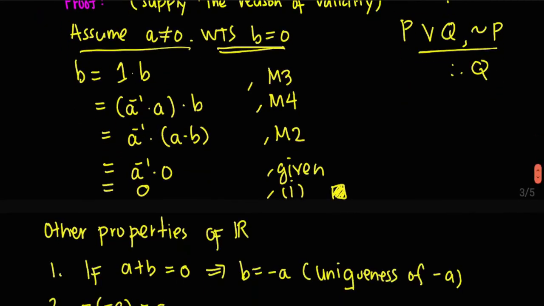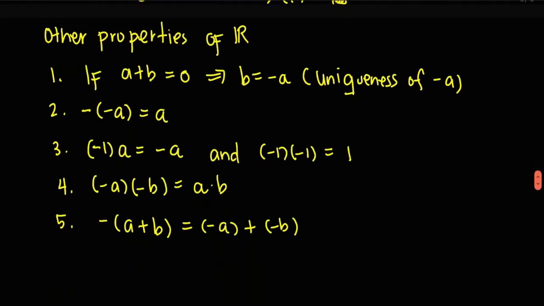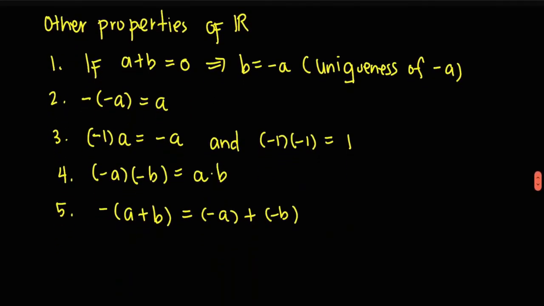There are a lot more other properties of the set of real numbers, which we will no longer discuss here. Again, these properties are the same properties that were derived in abstract algebra. For instance, if we have a plus b is equal to 0, then that means that b is equal to negative a.